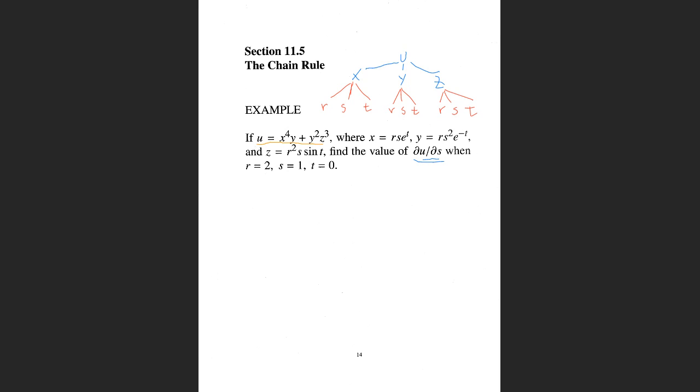Let me ask you this: how many links are there in the chain rule for this problem? Or I should say, how many pieces are there to the chain rule for this problem? Okay, Ian's thinking maybe a pretty big number, 9.